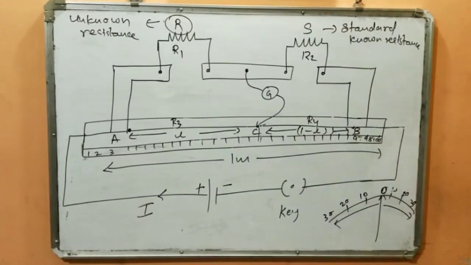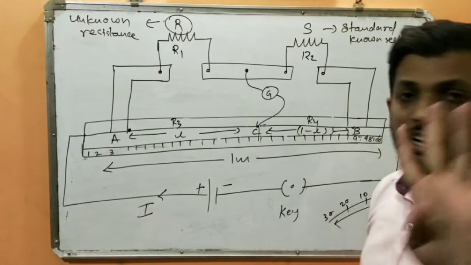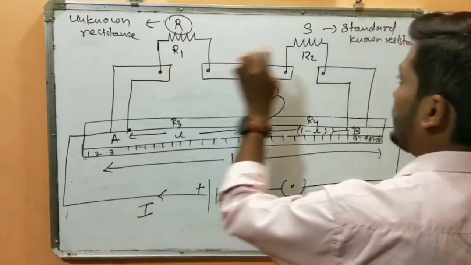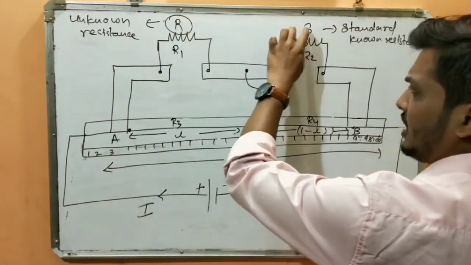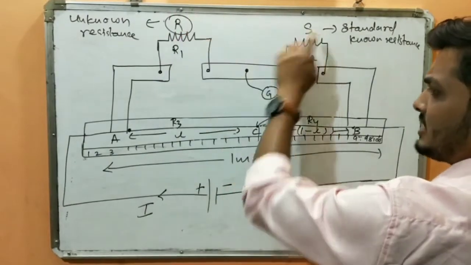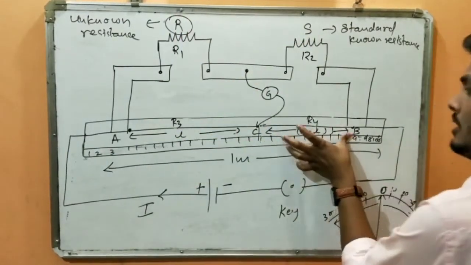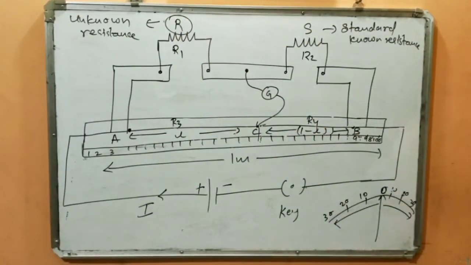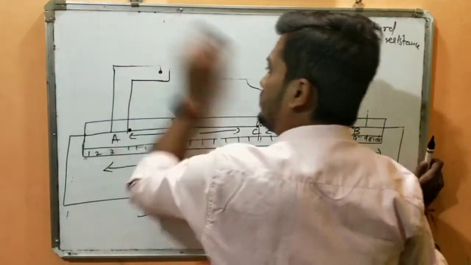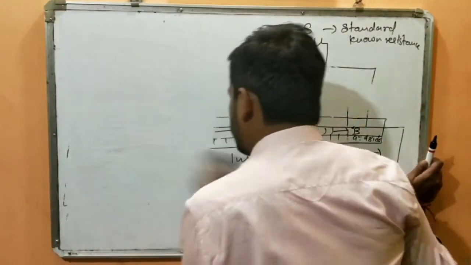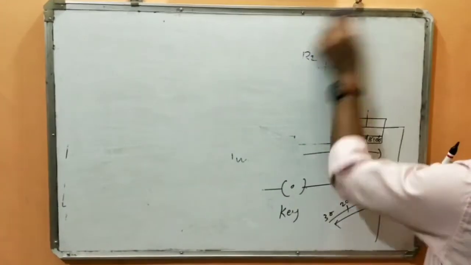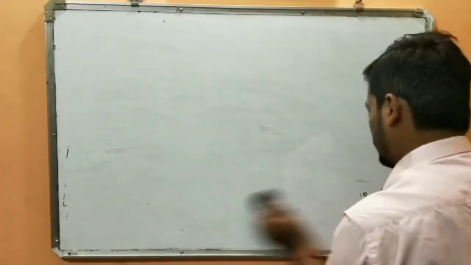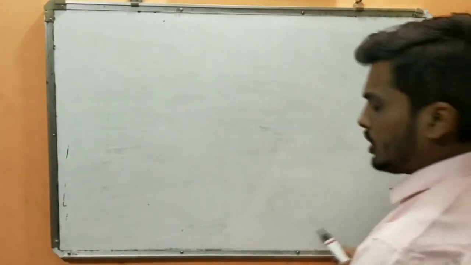Are you understanding? Yes. Now I have 4 conductors here, or 4 resistors. R1, R2, that is R and S. I will not go with R1 and R2. R, S, AC and BC. So remember AC and BC. So construction and working you should be able to write.